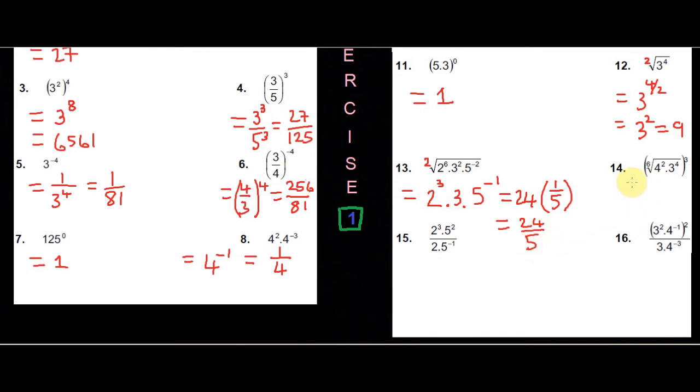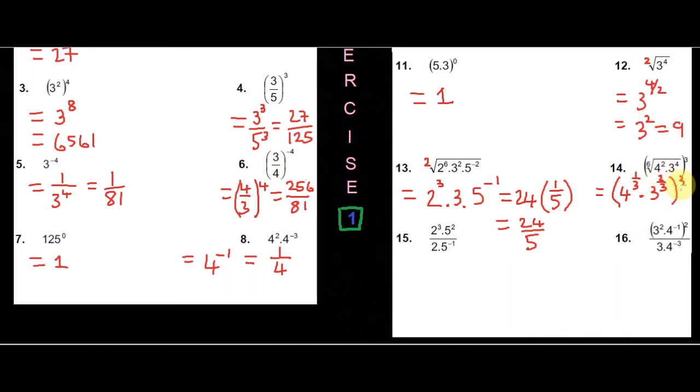Let's look at number 14. We can first work out inside the brackets. So we know it's going to be 4 to the 2 over 6, which is a third. And 3 to the 4 over 6. Now, 4 over 6 is the same as 2 over 3.